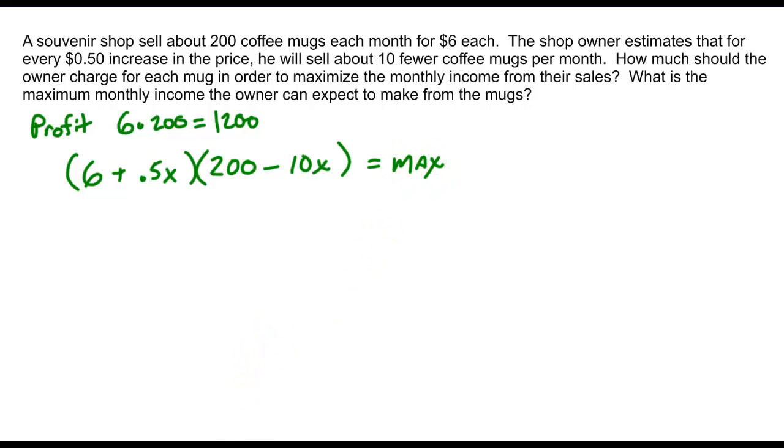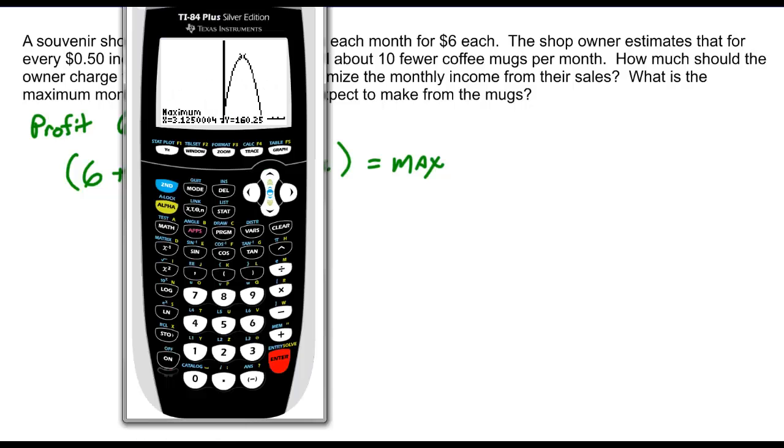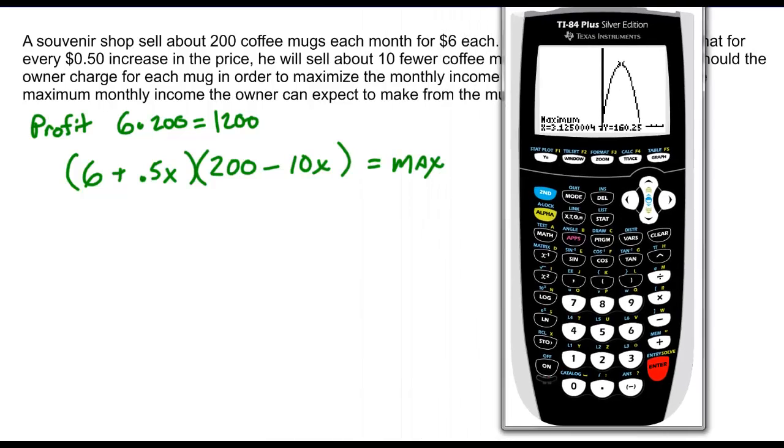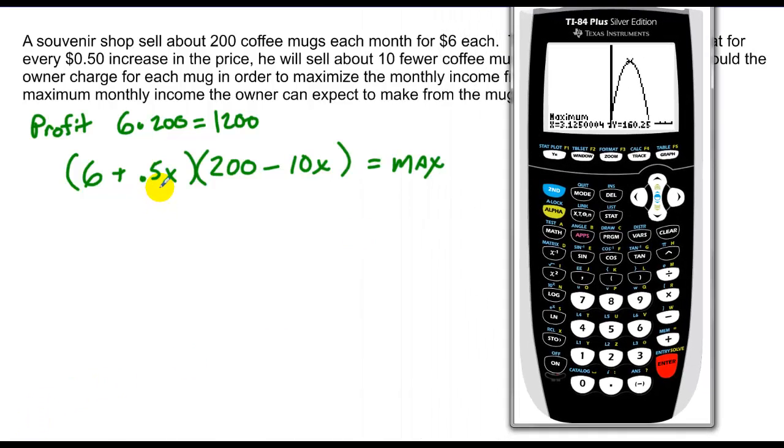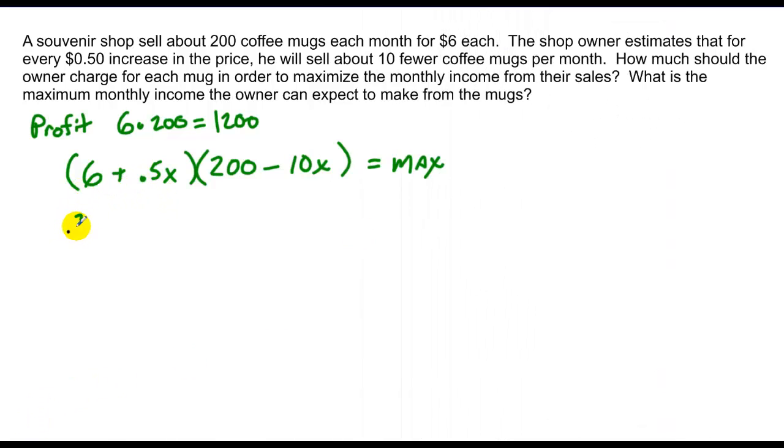Again, let's go ahead and use that calculator. I'm not going to multiply this out. I could if I wanted to get it in a quadratic form. In fact, just for the heck of it, let's go ahead. That's 1200 minus 60x plus 100x minus 5x squared.